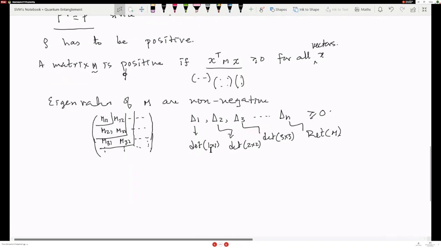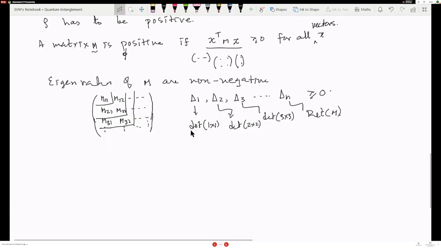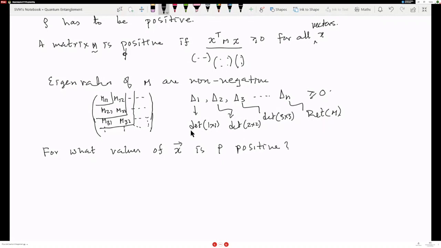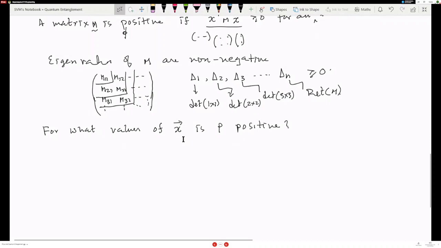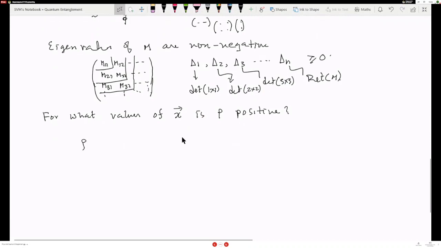Now we are asking a question: for what values of X is rho positive? So we ask that question. Now we have to ask, what is rho? So rho is equal to half identity plus X dot sigma.